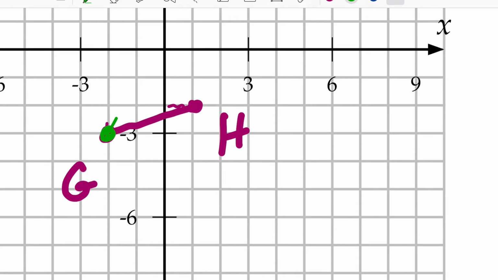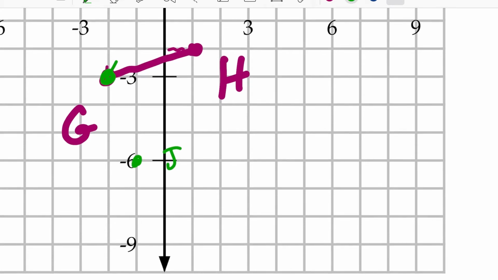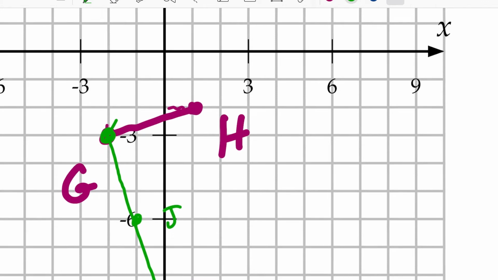so down 3 over 1, right there's one possibility for J. We go down 3 over 1 again, right there's another possibility for J. Any of those points would be a possibility for J. We can even continue this going the other way.